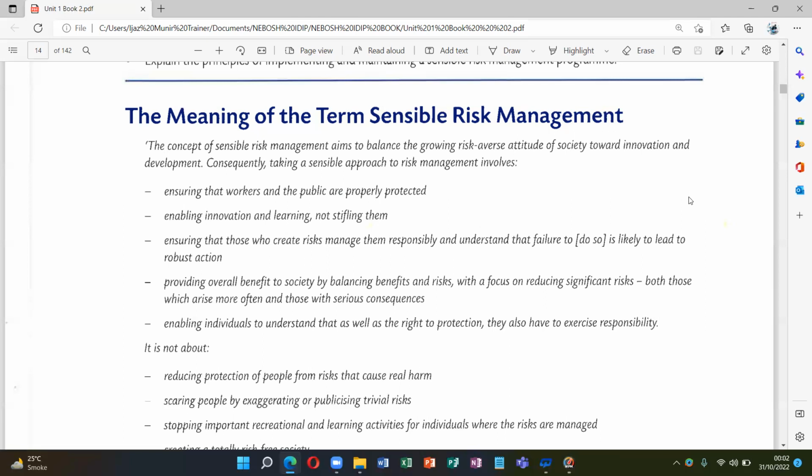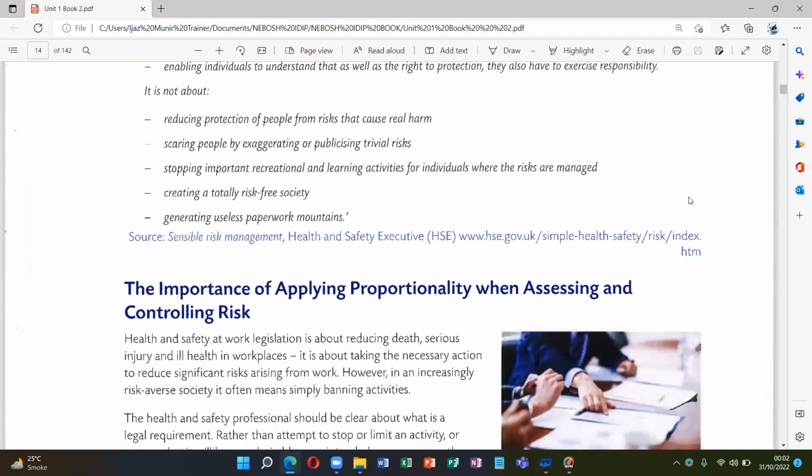It is not about reducing protection of people from risks that cause real harm, scaring people by exaggerating or publicizing trivial risks, stopping important recreational and learning activities for individuals where the risks are managed, creating a totally risk-free society, or generating useless paperwork. Source: Sensible Risk Management, Health and Safety Executive, HSE.